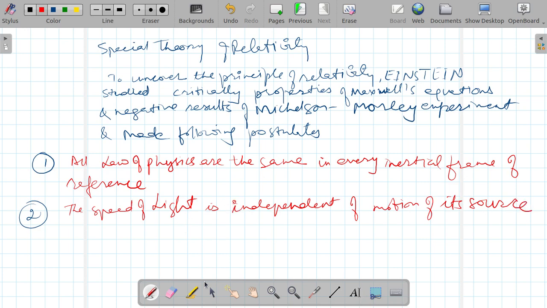And the consequence of the second postulate is that the speed of light is the same in all inertial frames of reference.